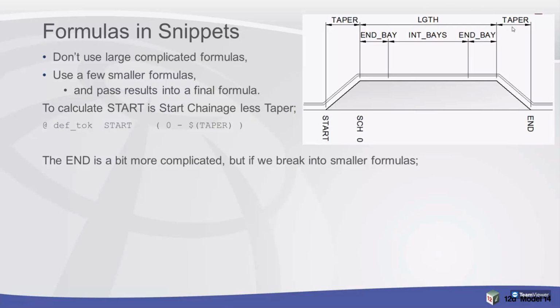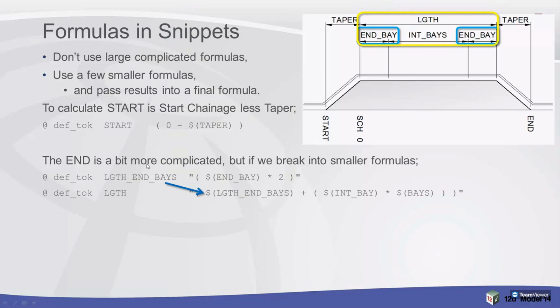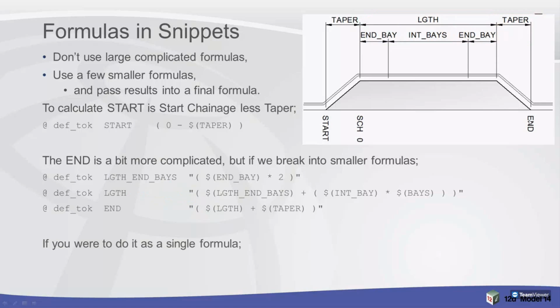But again, breaking that down into smaller formulas makes life easier. So we know we've got 2 end bays, so the length of the end bays times 2 gives us a value. We then take that value, pass it down into another formula to calculate the total length of the parking bays. So we've got length of the end bays plus the length of the intermediate bays times however many bays we've got. And again, we take that value, pass that down and add on the taper, and then we've got the actual total length that we need to get our end chainage.